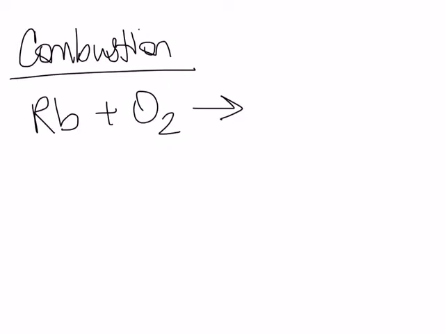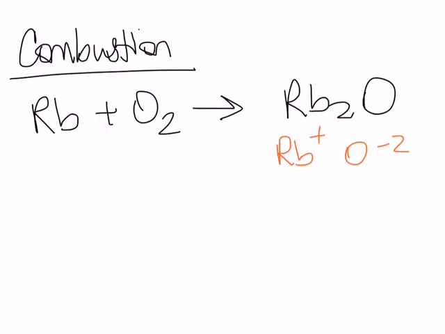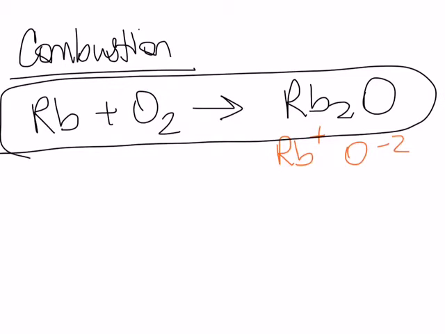So we have to think to ourselves here, what does rubidium's charge look like when it's in an ionic compound? It's +1. Oxygen, -2. Crisscross those, you are going to get Rb2O. Now, this is not balanced. Let's balance it.